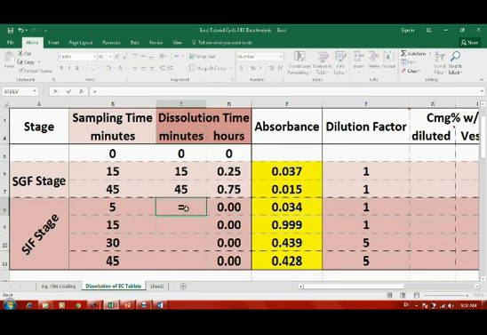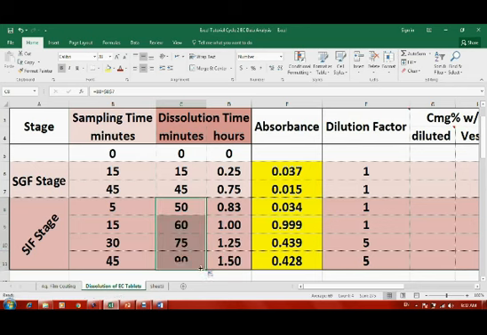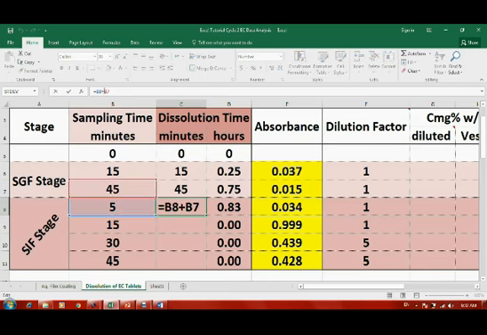To be able to plot a multi-point dissolution profile of the two stages, we have to calculate or determine the dissolution time. As you can remember, the first stage time, which was the SGF stage, was 45 minutes. Then the same tablets were used in the second stage.